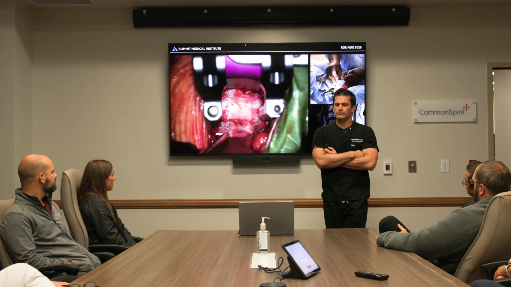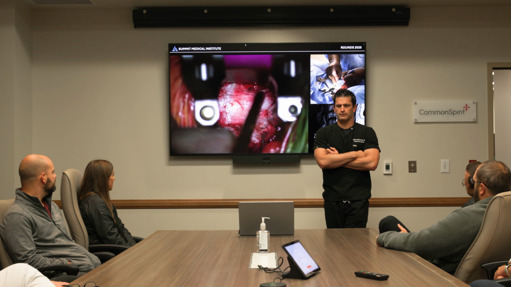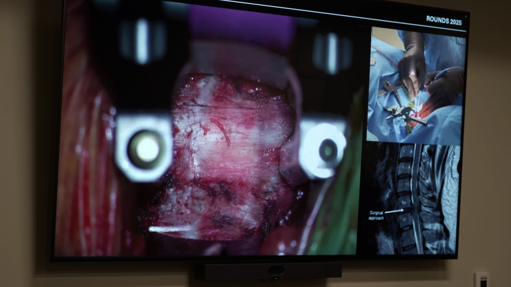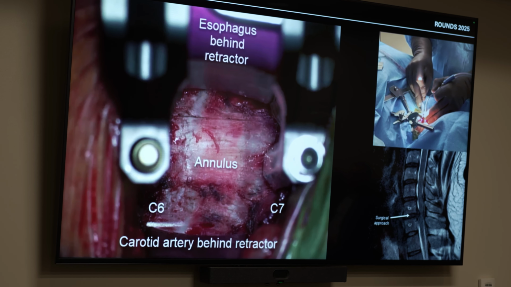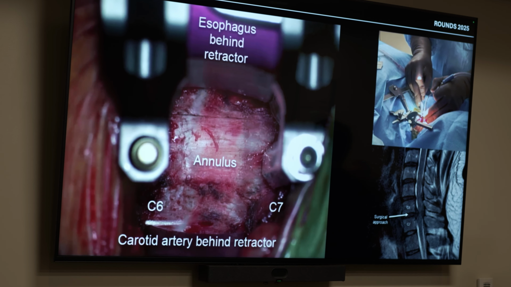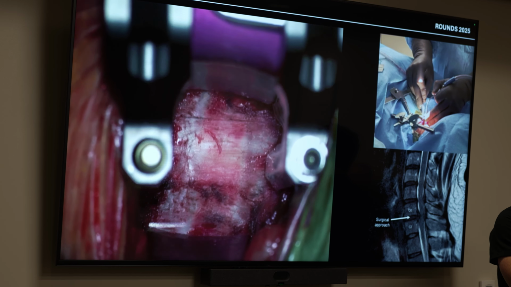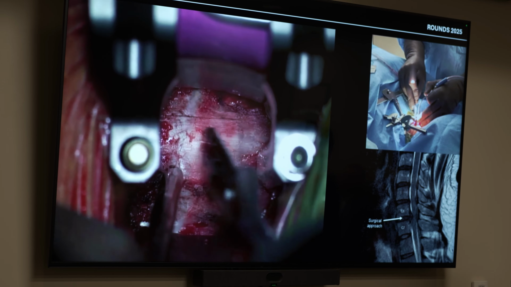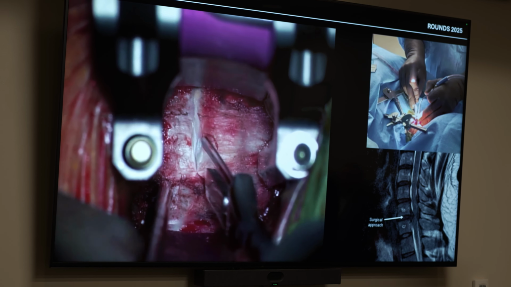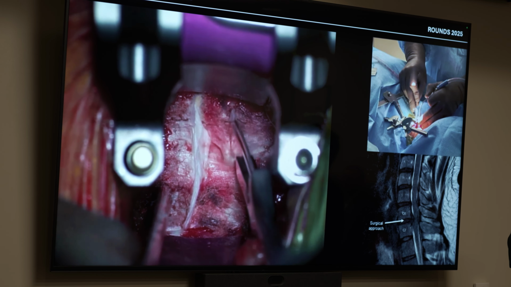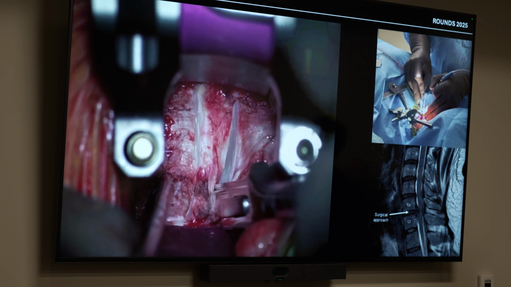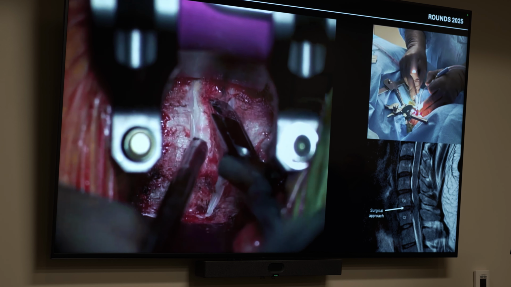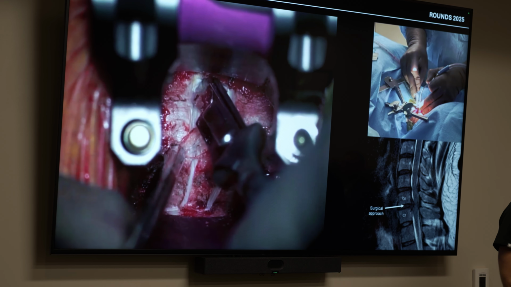So when we do this, this also shows the exposure. Again, there's very little bleeding. We put those pins above and below the disc. Not every surgeon does that. I don't know why they don't do that, but it's the way to do it. We put the disc a little bit on distraction, which makes it easier to remove. It also opens up the space to work.